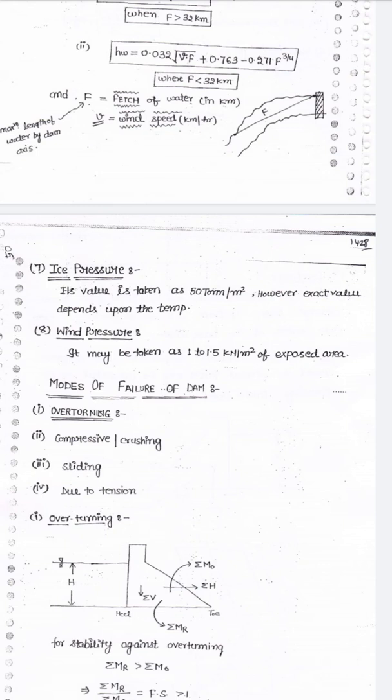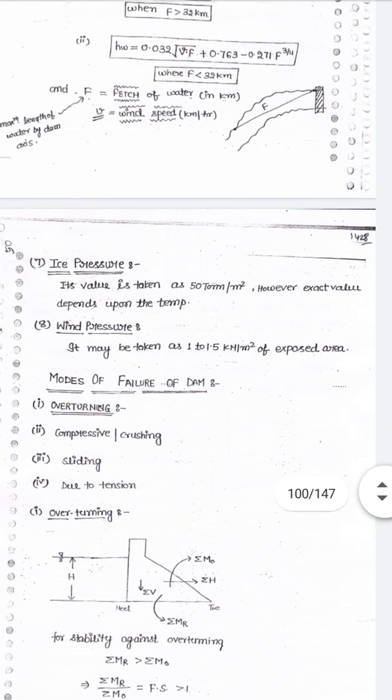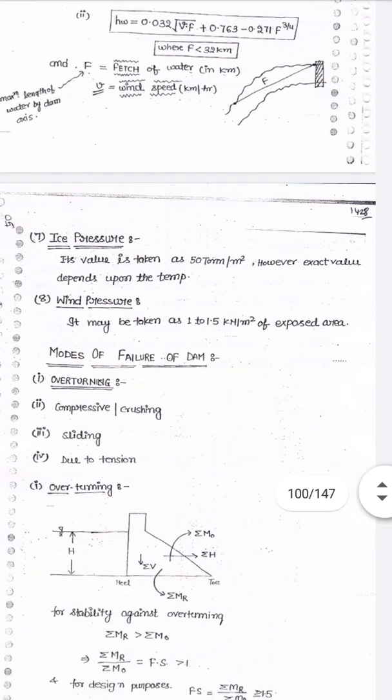The dam face has to resist the force due to expansion of the ice, and these forces act linearly along the length of the dam at the reservoir level. The intensity of this ice pressure may be taken as 50 ton per meter square. However, the exact value depends upon the temperature.